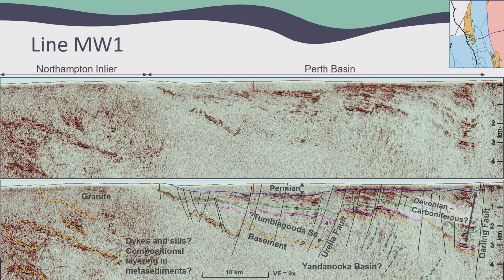If you remember earlier, I mentioned that the separate terrains of the Proterozoic Pinjarra Orogen were amalgamated along large structures, and I think potentially the Urella Fault is one structure along which those two very separate terrains were amalgamated, and then it was later reused by the Perth Basin, I guess.